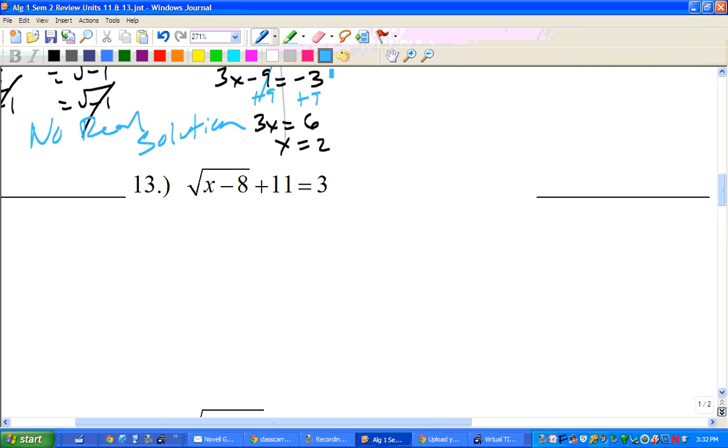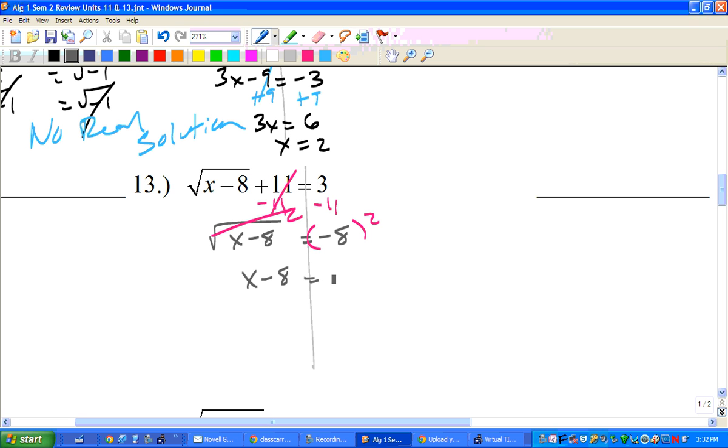Alright, number 13. For this one, we're going to do SADMAP, order of operations to solve. We're left with square root of x minus 8 equals negative 8. We have to square both sides, and we get x minus 8 equals 64, plus 8 to both sides, and we get x equals 72.